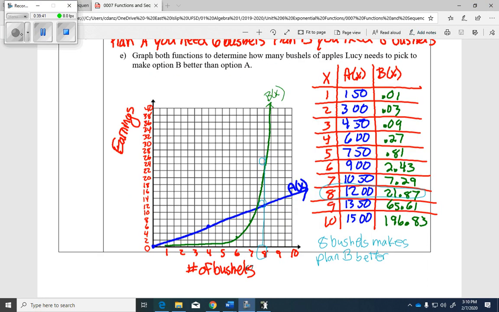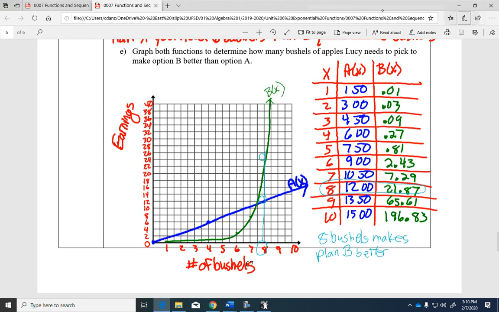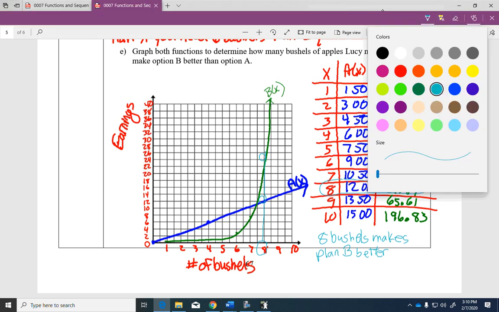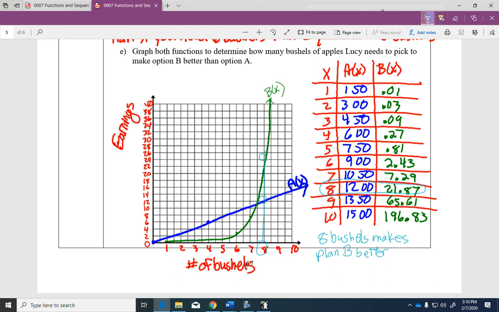And now here is a graph. You can see along my x-axis I put the number of bushels and I spaced it out nicely. And my earnings was along my y-axis. And my scale is by 2 each time, and I carefully graphed it.